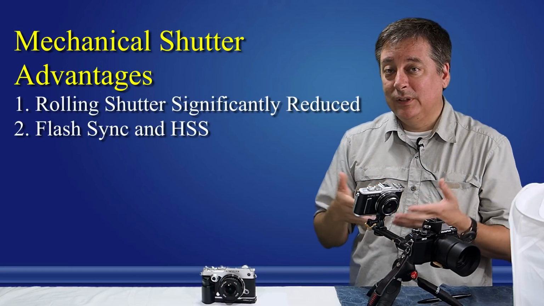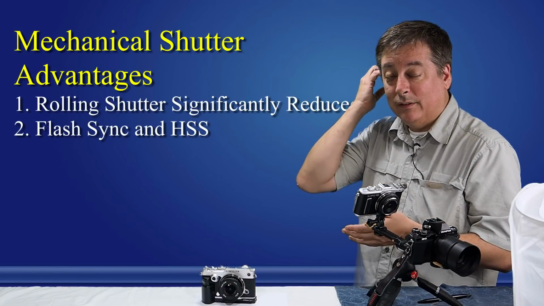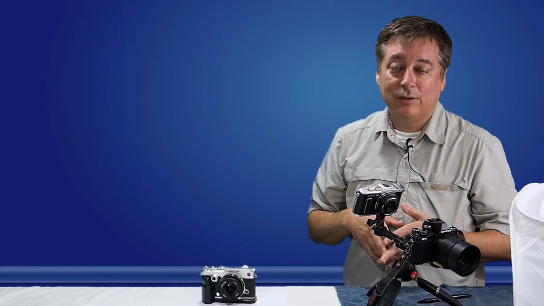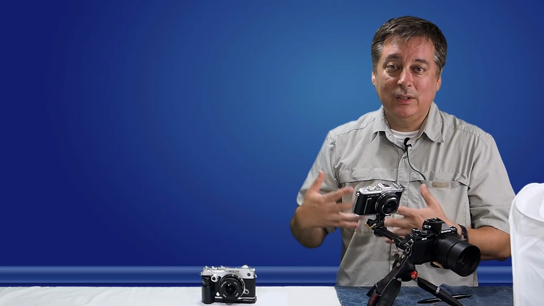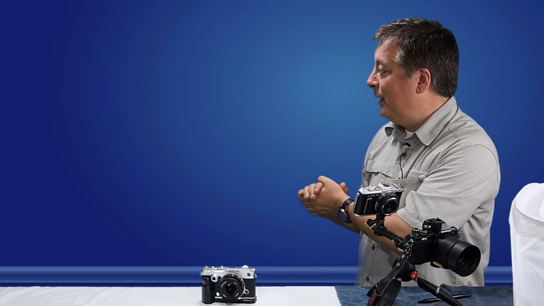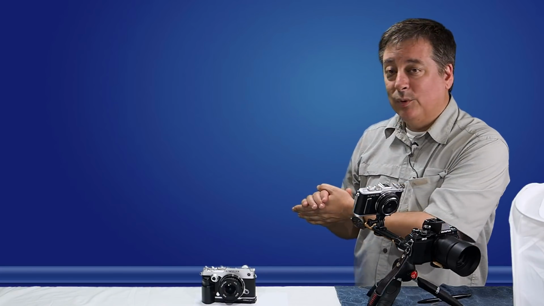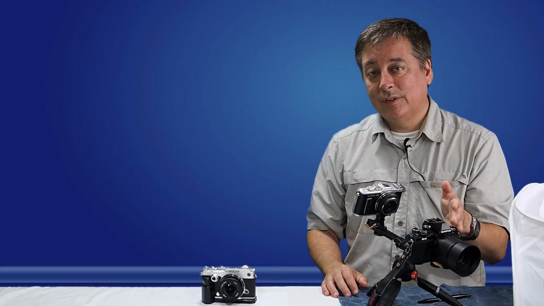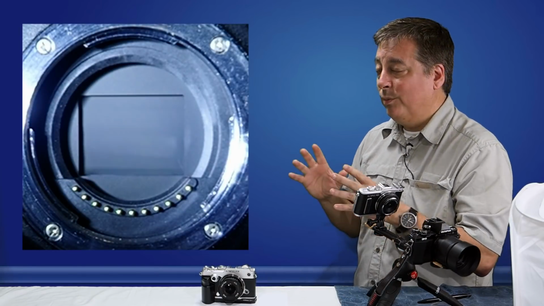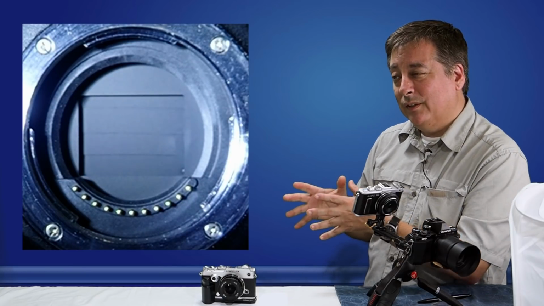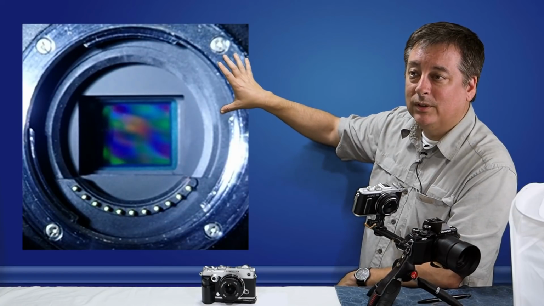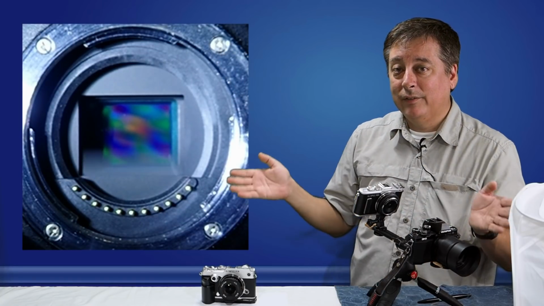So the flash is completely disabled in silent mode. And it's limited in mechanical shutter up to 1/250th of a second, with the exception of high-speed sync flashes, which will be able to work at much higher speeds, up to 1/4000th of a second in this camera. The reason it can do that is, at the normal flash sync speed of 1/250th of a second, the flash can fire while the sensor is completely open and exposed, thereby illuminating everything.